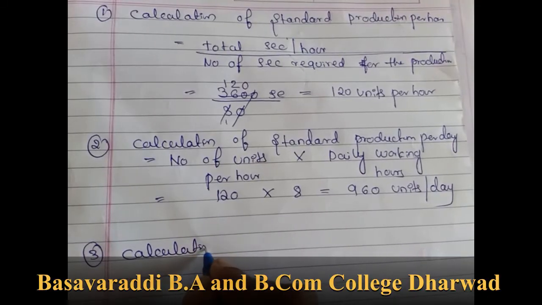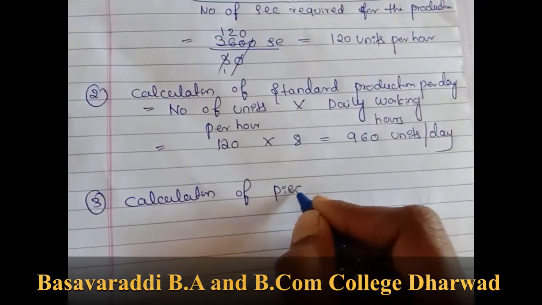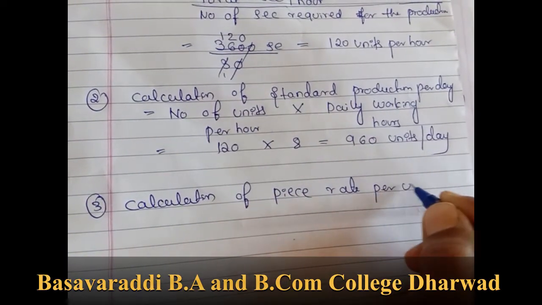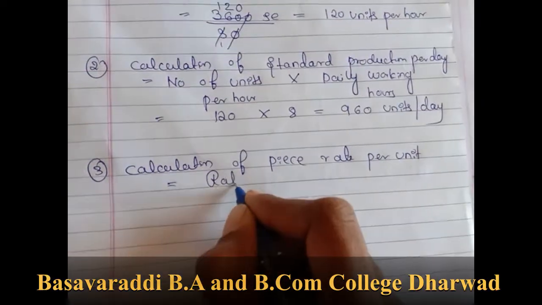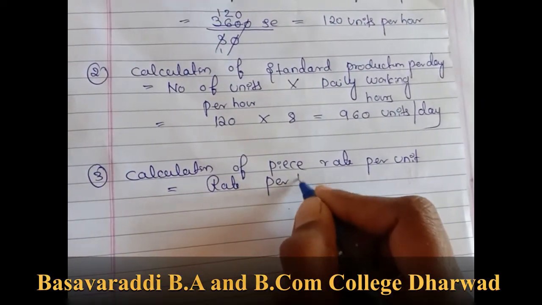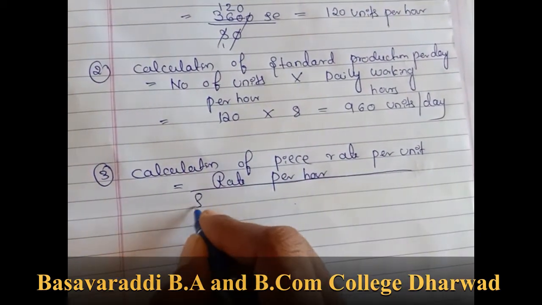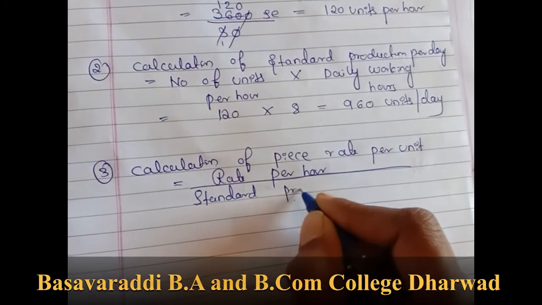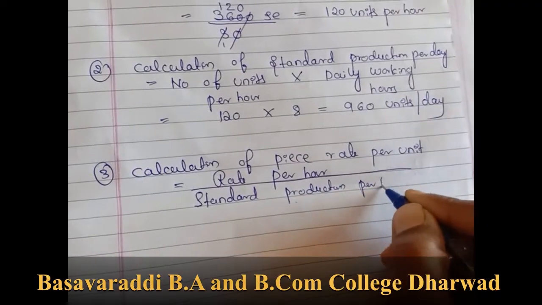Next, working note number 3. Calculation of piece rate. Piece rate per unit is equal to rate per hour divided by standard production per hour.